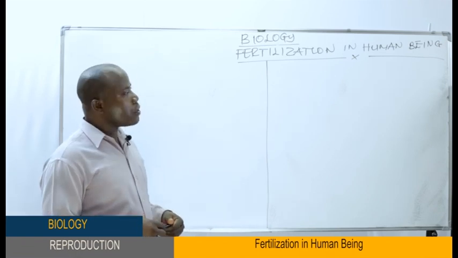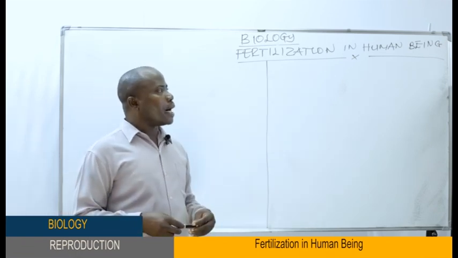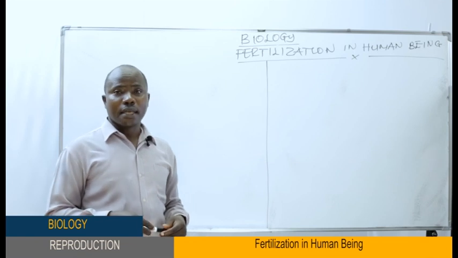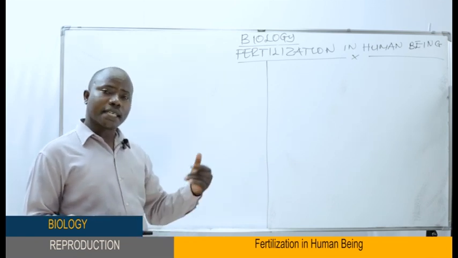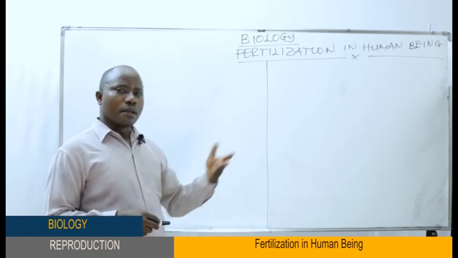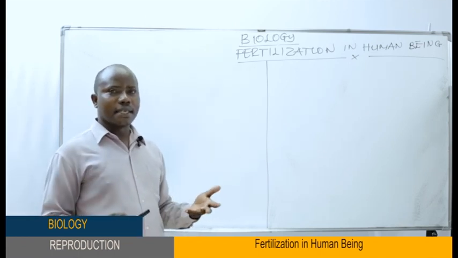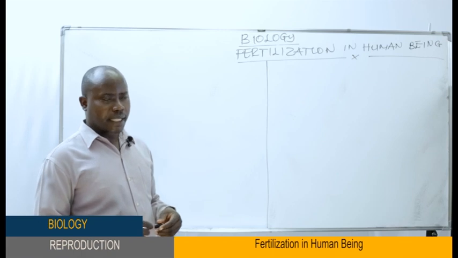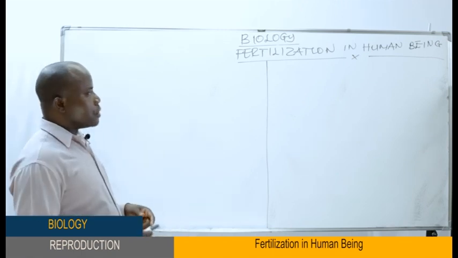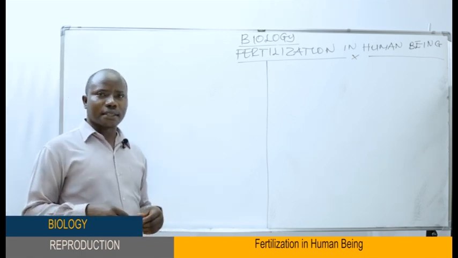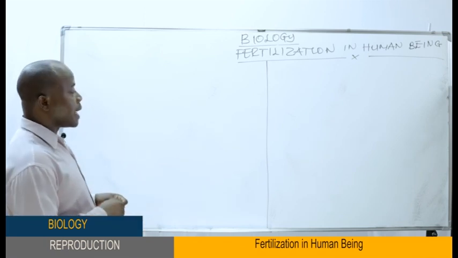But before I go into what I prepared today, let me remind you the important aspects of reproductive cells which will take part in the process of fertilization. The human being reproductive cells involves two gametes.